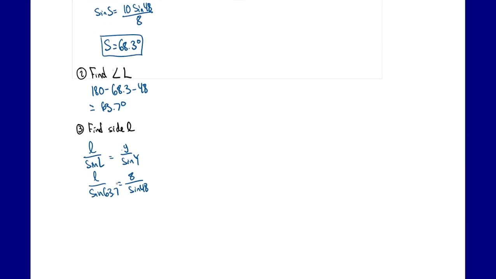Cross multiply and rearrange for L. We'll get L is equal to 8 times sine 63.7 divided by sine 48. And L is equal to 9.65 kilometers. So that's one scenario.